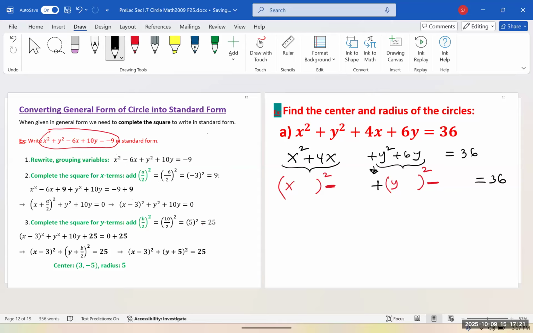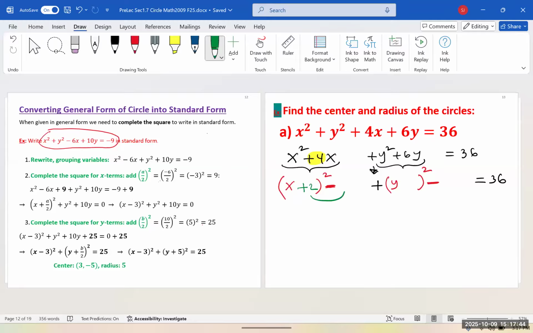What goes inside? 2. How did you figure that out? It's half of this quantity. Whatever is the coefficient for your x term, the inside has to get half of that much. So half of 4 is 2, including the sign, we put plus 2 next to the x.